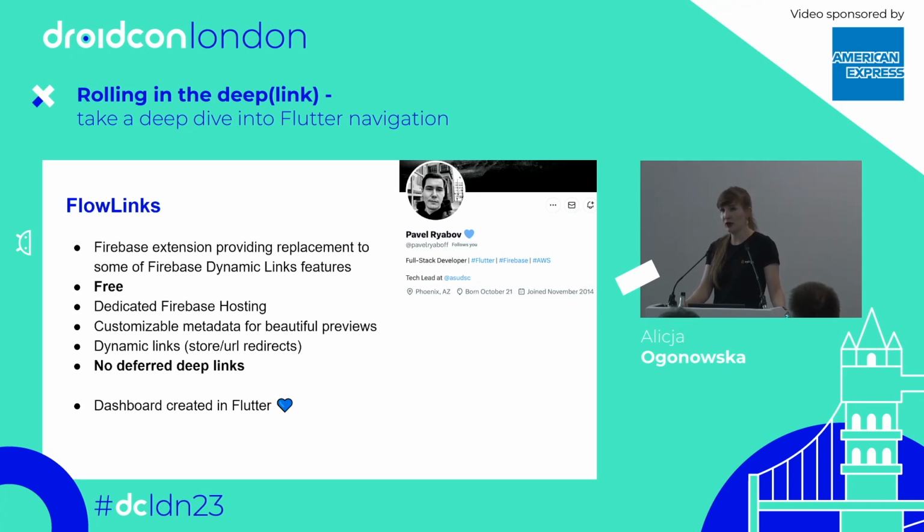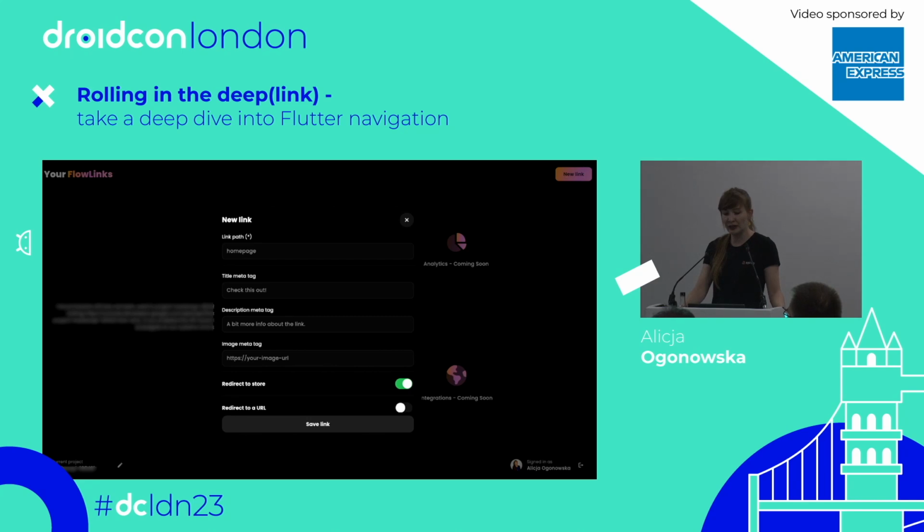You can also have dynamic links, so you can decide where they should actually take the users to. Sadly, it doesn't offer deferred deep links, but the dashboard was created in Flutter, so I think it's worth mentioning that. And you can see on the dashboard you can do all the settings, and you will also have access to all the analytics in the future and also some integrations.